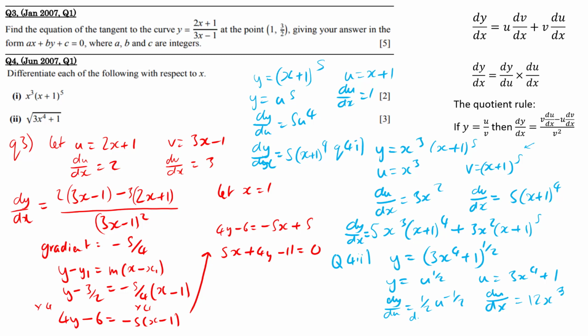So finally we're going to finish with dy/dx equal, if you multiply it all out, 6x cubed times (3x to the 4 plus 1) to the minus a half.